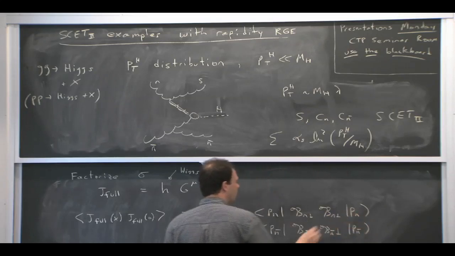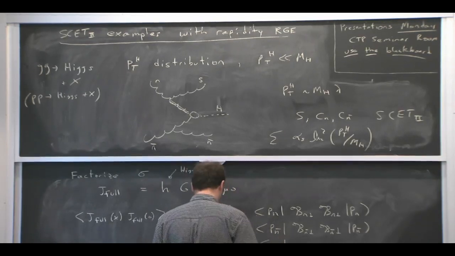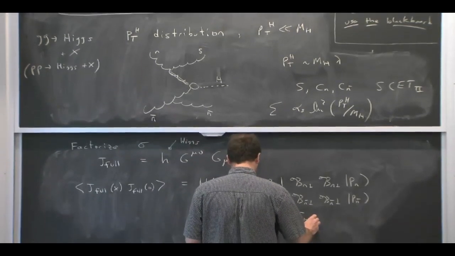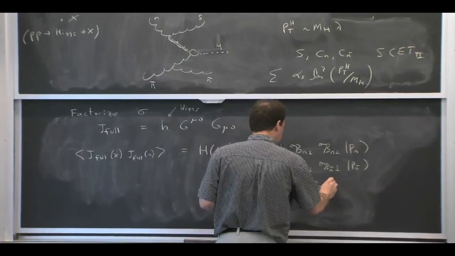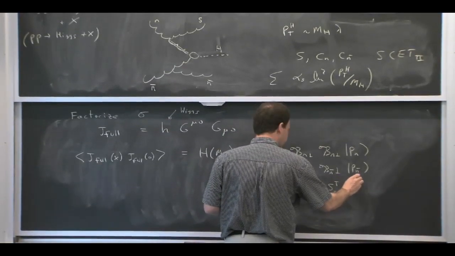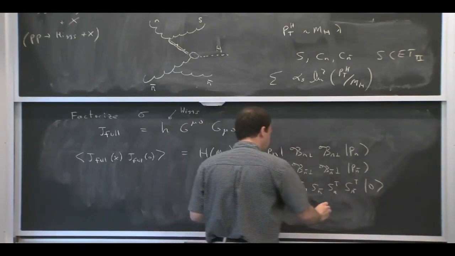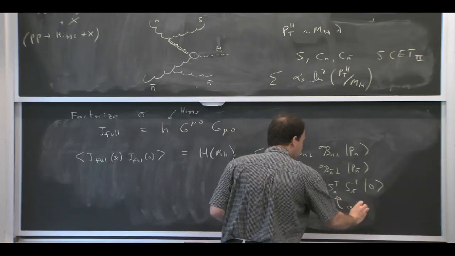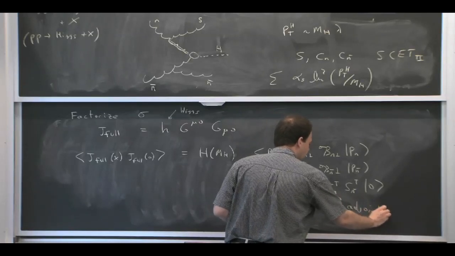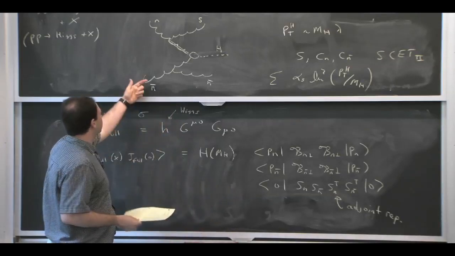There are some proton matrix elements where one of the protons is collinear, one of them is n bar collinear, and then there's a soft matrix element of some soft Wilson lines. They're actually in the adjoint representation, so I write transpose rather than dagger. These should be in the same representation as the collinear fields, and the collinear fields here were gluons.